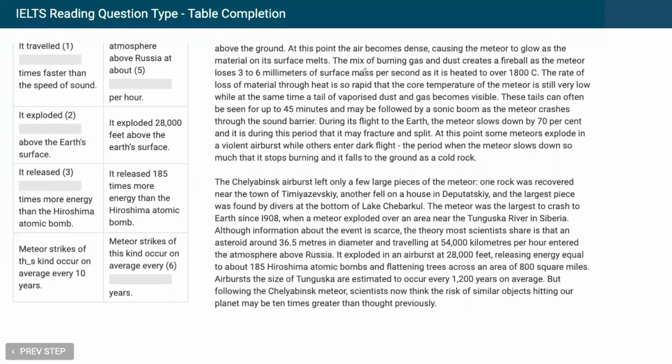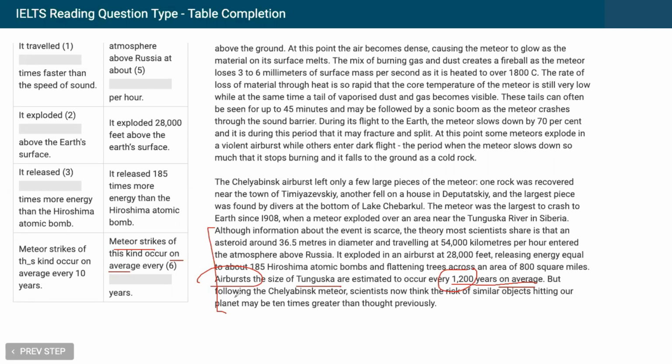All right, so again, we were right around here, and so our answer is probably going to be contained here. We're looking at meteor strikes, and again, I see Tunguska, and it says 1,200 years on average. This is a number that I see in the passage. It says on average, which is very similar to our table here. Airbursts is not the same word as meteor strikes, but it is an excellent synonym.